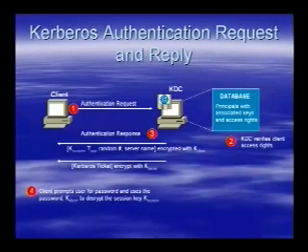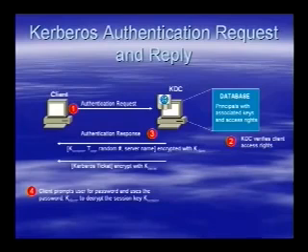And it sends an authentication response, which starts the whole process, where it sends a session key, a random number and server name, and these are all encrypted with the client key. And it also sends a Kerberos ticket, a ticket that's encrypted with the server key.